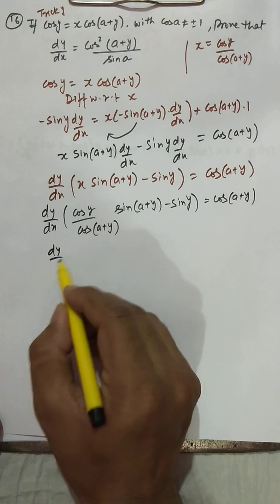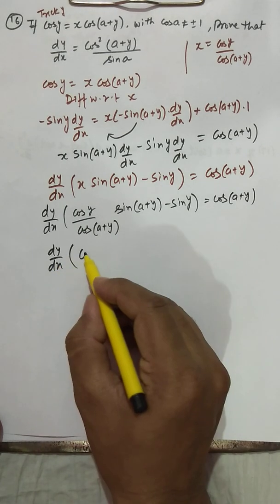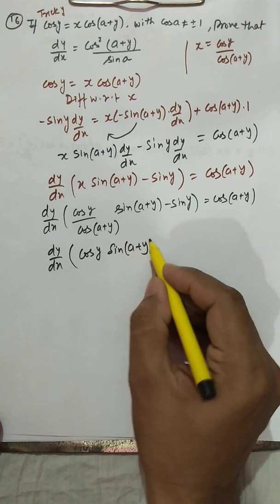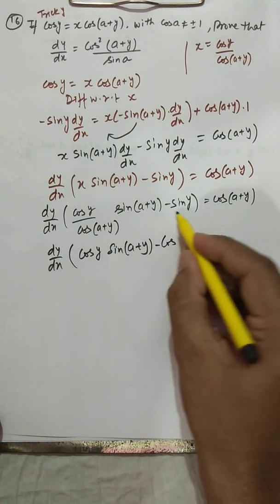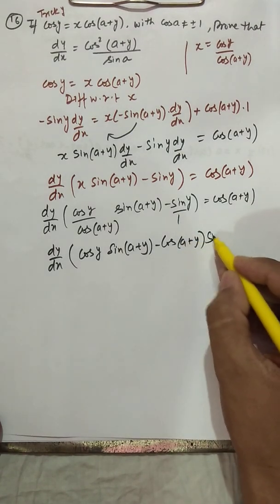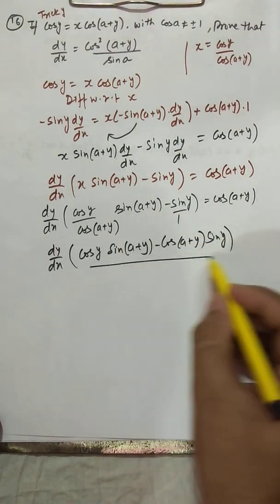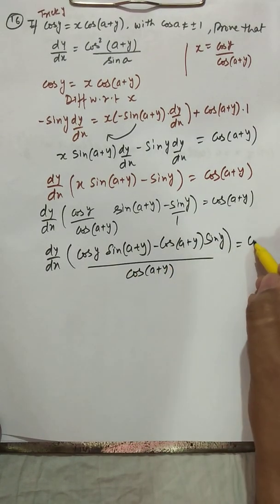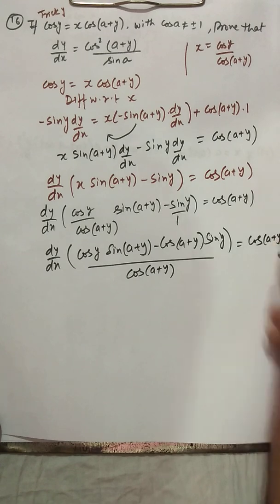Now you see dy by dx will be this cos y, you take LCM sine(a plus y) and minus this, the LCM is 1, so cos(a plus y) sine y, and this is cos(a plus y), and this is cos(a plus y).